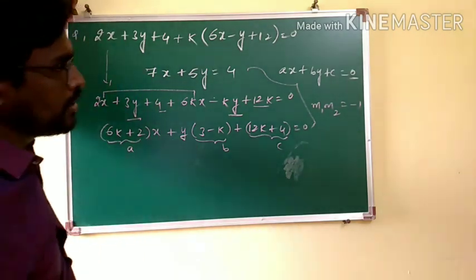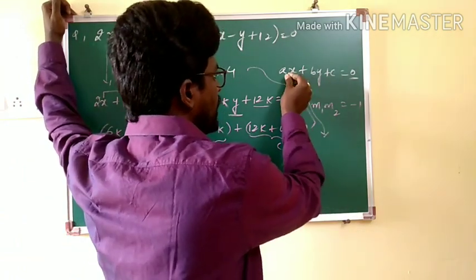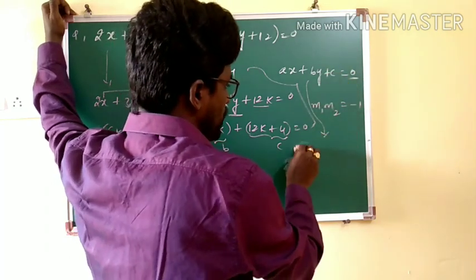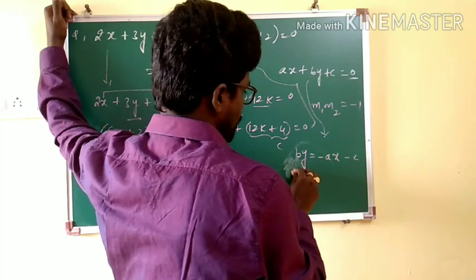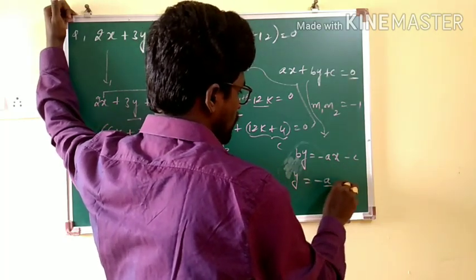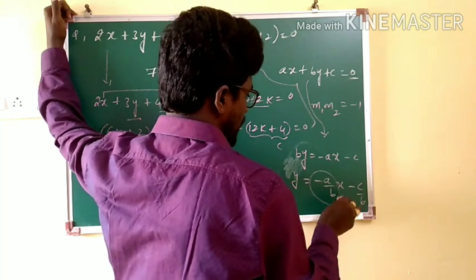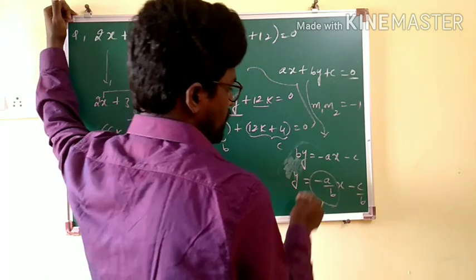So from now on, please remember a standard formula: if the line is in the form of ax plus by plus c equal to 0, then y is equal to minus a by b x minus c by b. So what do you find instead of m here? Minus a by b.